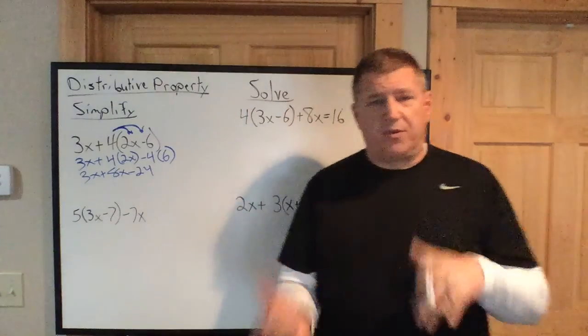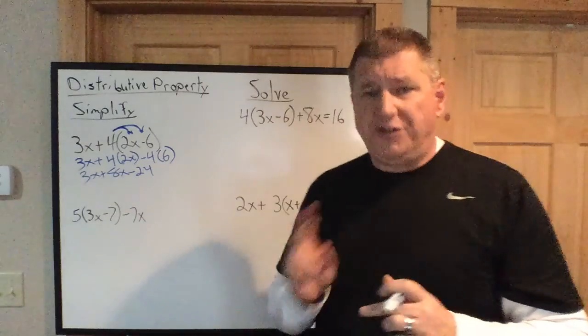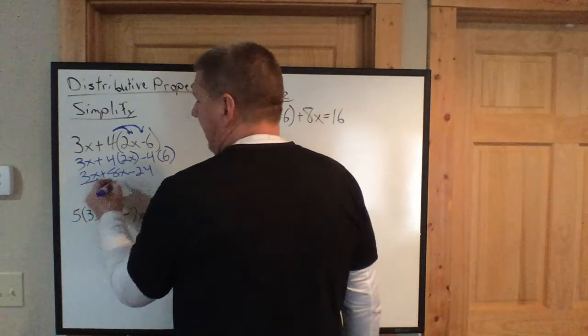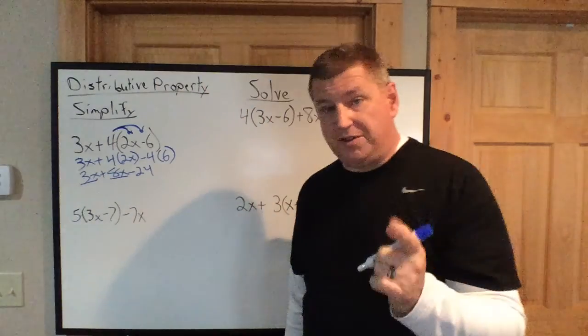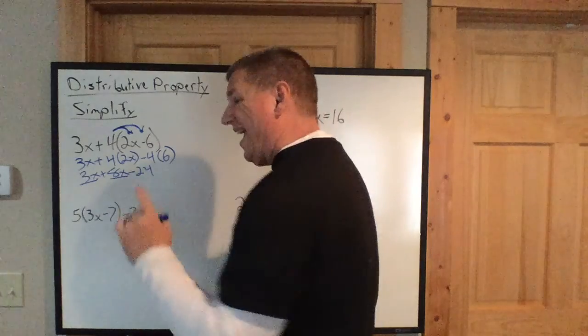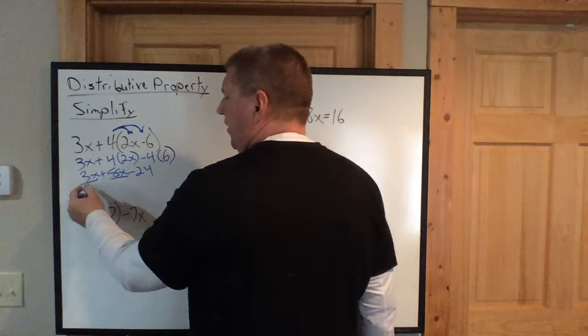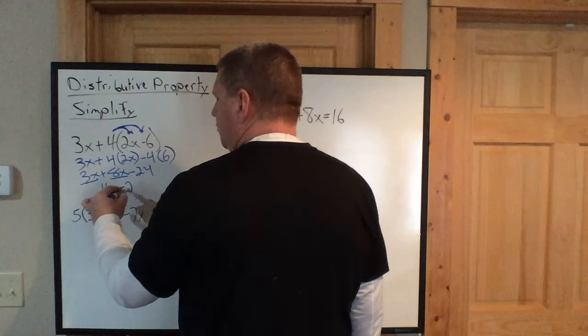So now I have a 3x plus 8x minus 24. So I do have two terms that I am able to combine. Both of these terms, the 3x and the 8x, both have just an x in them, and they're both x's to the first power. So they have an exact same variable, so I am allowed to combine them. So 3x plus 8x gives me 11x minus 24.